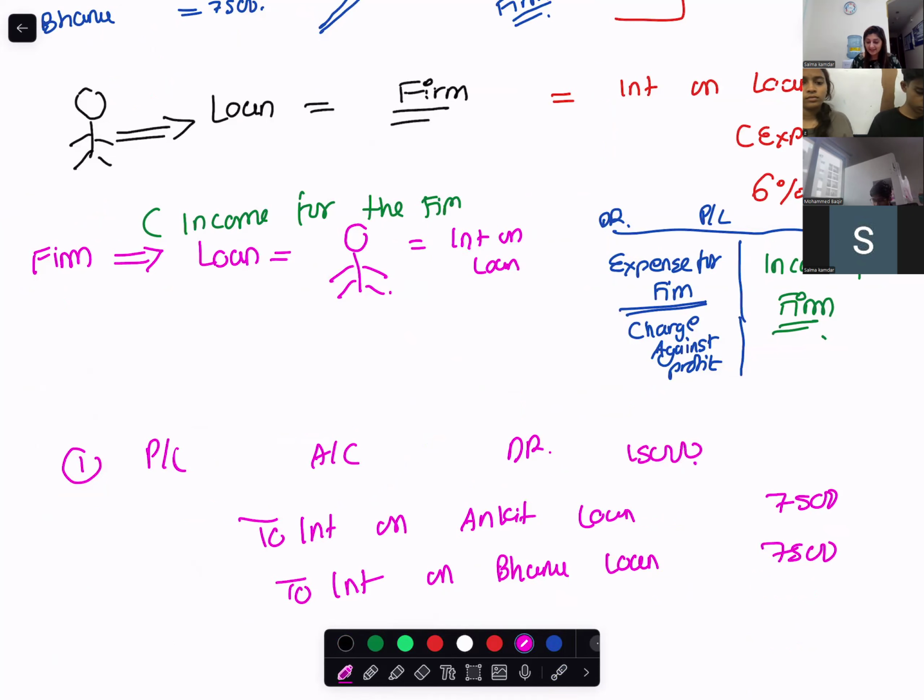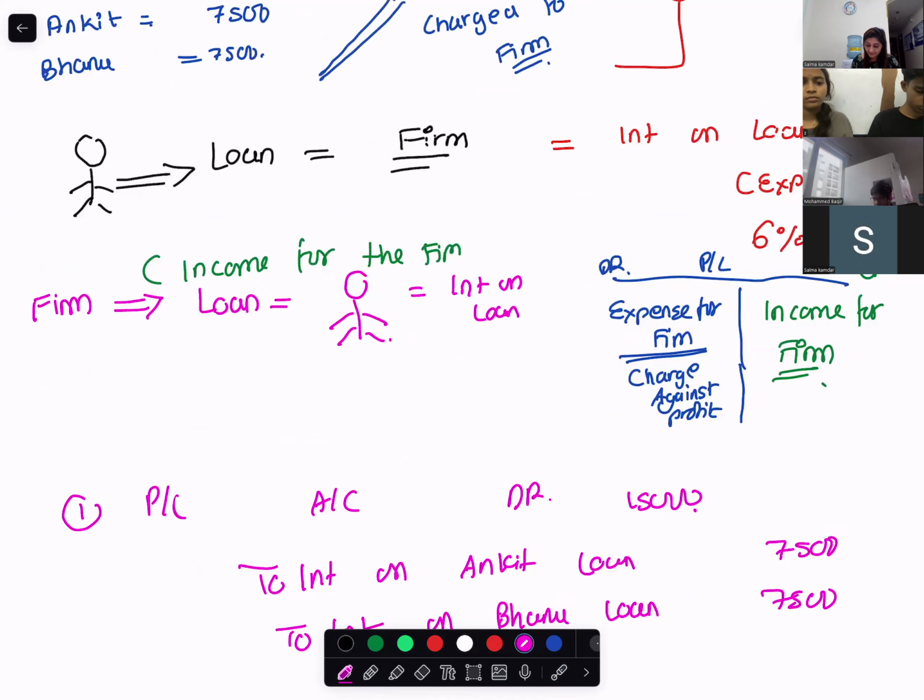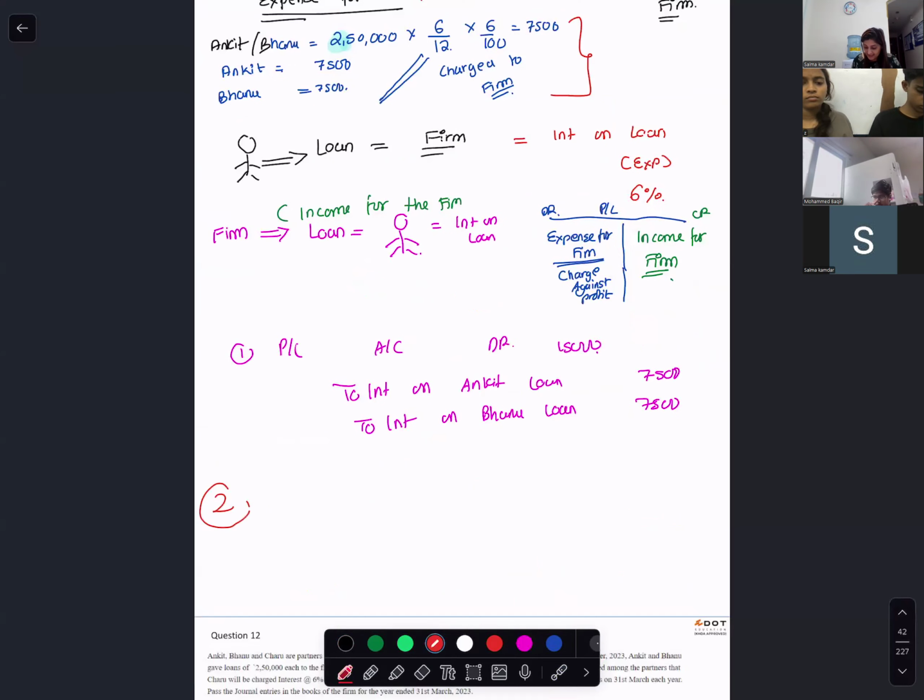What would be the second entry? First place it appears is the profit and loss account debit side. Second place it appears is the partners capital account, credit side. What will you write?